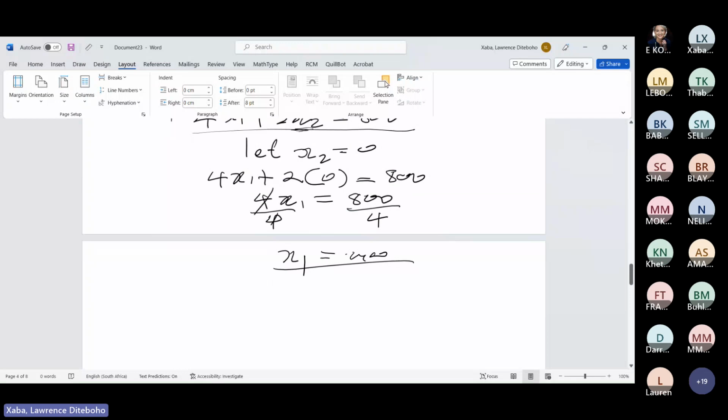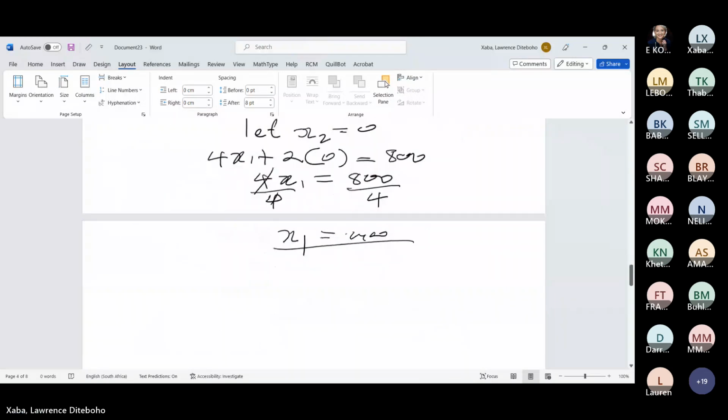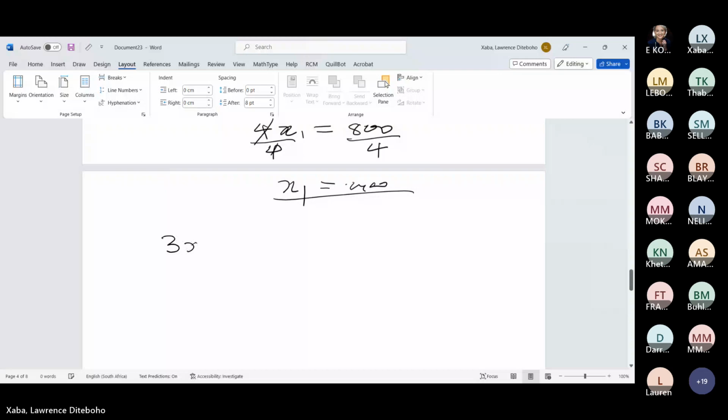So what do we do now? We are going to do exactly the same thing, now using the second equation, which is 3x1 plus 4x2 equals to 1,200. So we do the same.